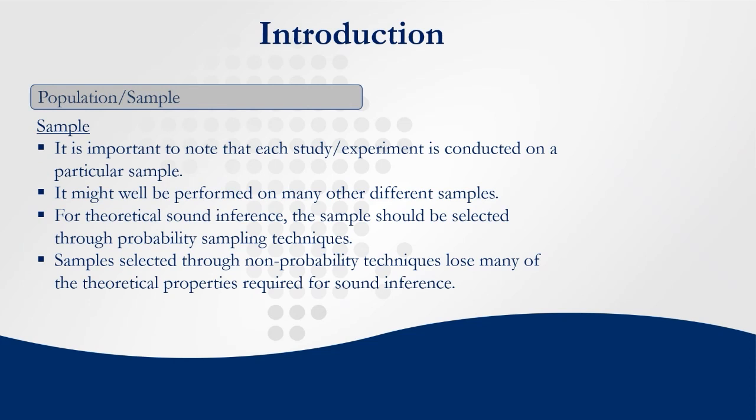So we can still make inferences, as many of you would know, even if you use convenience sampling or any other form of non-probability sampling, but sometimes you do have limitations as to the generalizations that you can actually make.